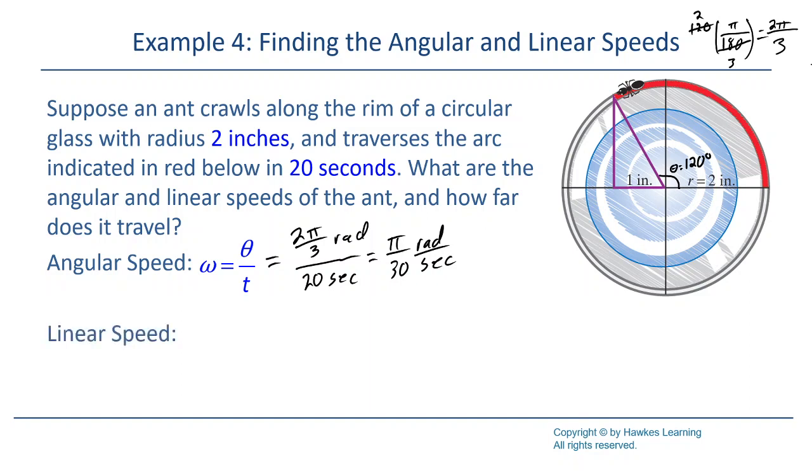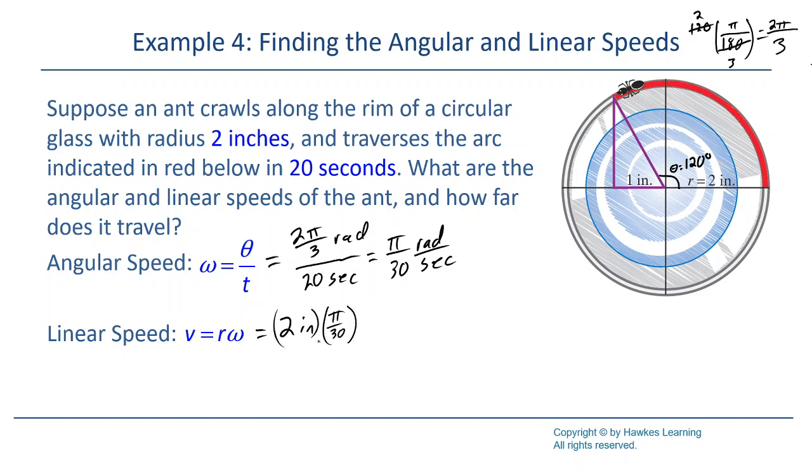Now that we have the angular speed, we can find the linear speed, which again is using how far away you are as a reference. So it's going to be r times omega. So r is 2 inches, and this is going to be multiplied by pi over 30.